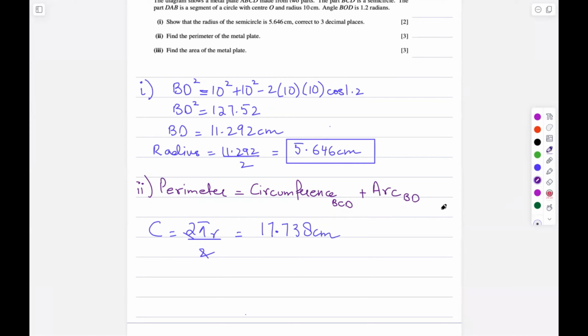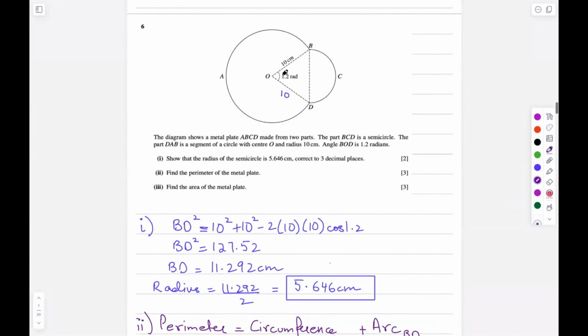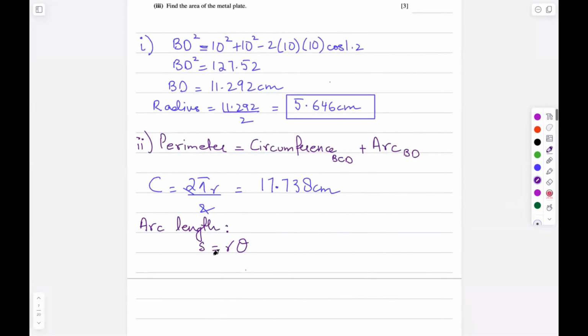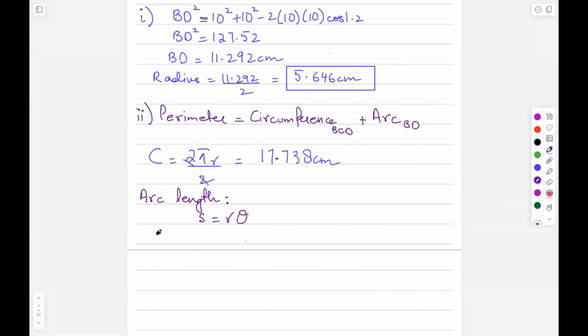Now finding the arc length of BD. The arc length is given by the formula s equals r theta. So theta in this case will be the reflex angle BOD. As this angle is 1.2, the reflex angle BOD will be 2 pi minus 1.2.